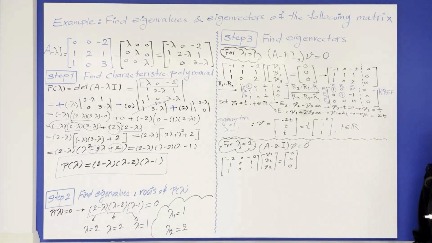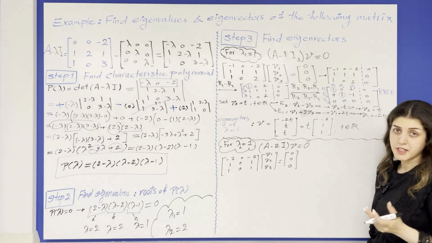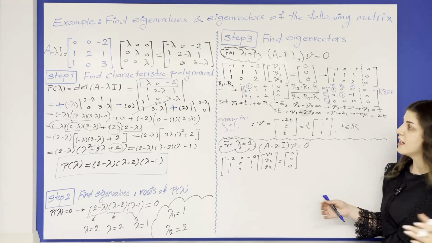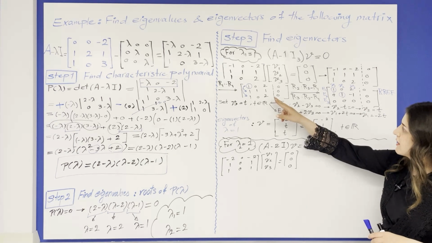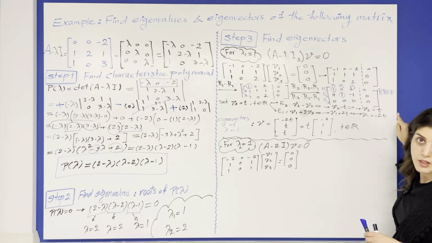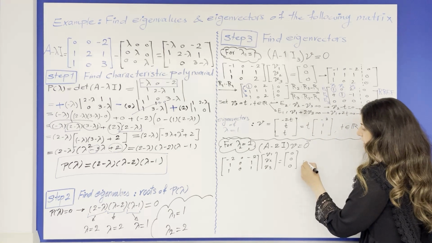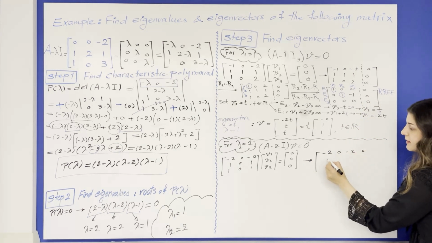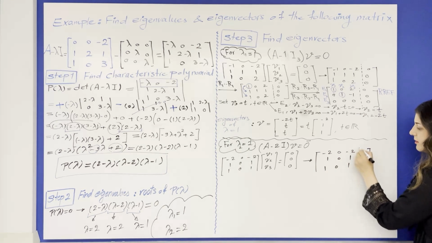Okay. Now, I know that you already know how to use Gaussian elimination or Gauss-Jordan elimination. So I'm going to skip the part where I form the augmented matrix and make it reduced row echelon form. I'm just going to write down the final solution. So the augmented matrix is -2, 0, -2, 0, 1, 0, 1, 0, 1, 0, 1, 0.